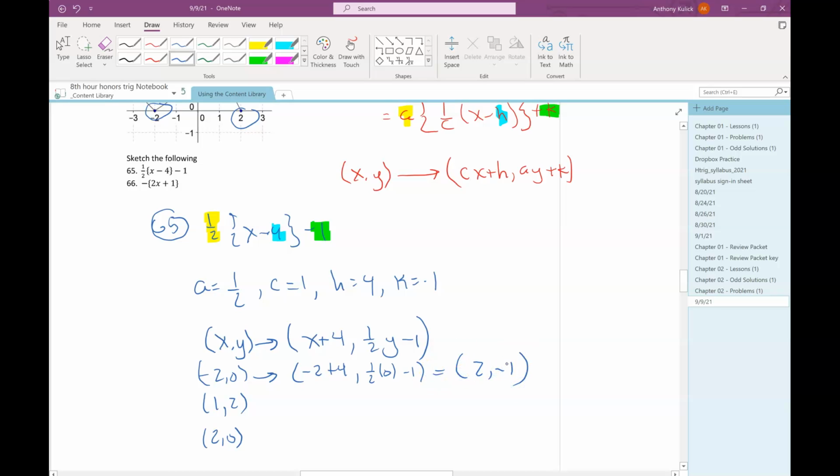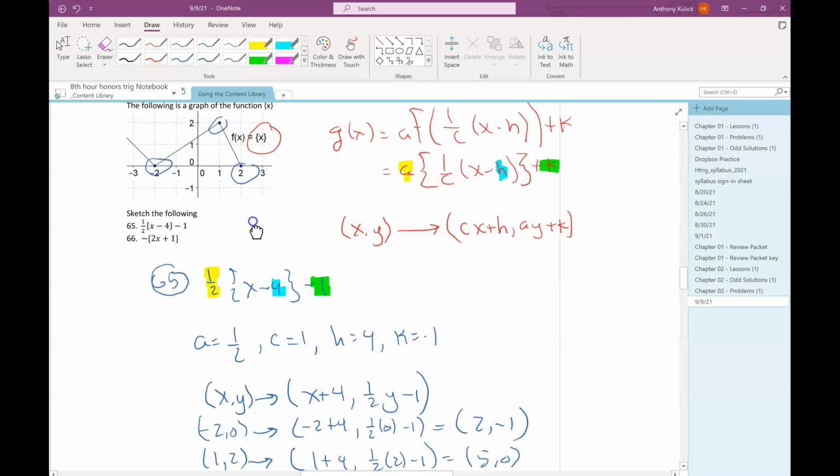So my first point is going to be 2, -1. The second one would be 5, 0. And the second one would be 6, -1. So I'll just go back in and plot these.